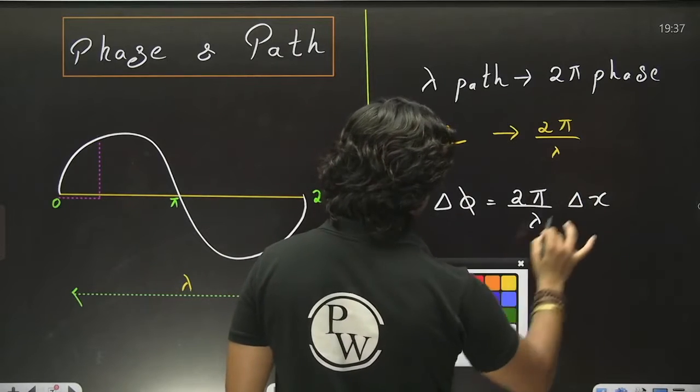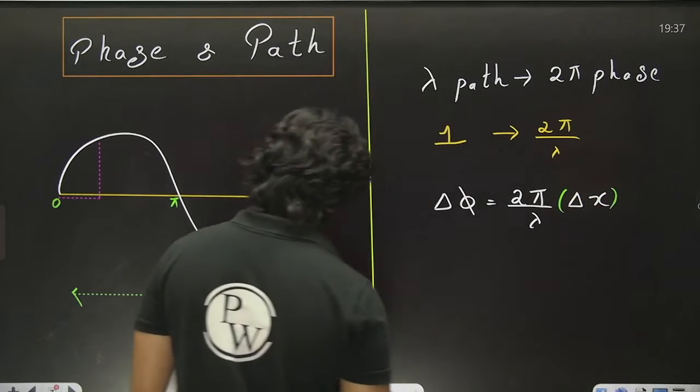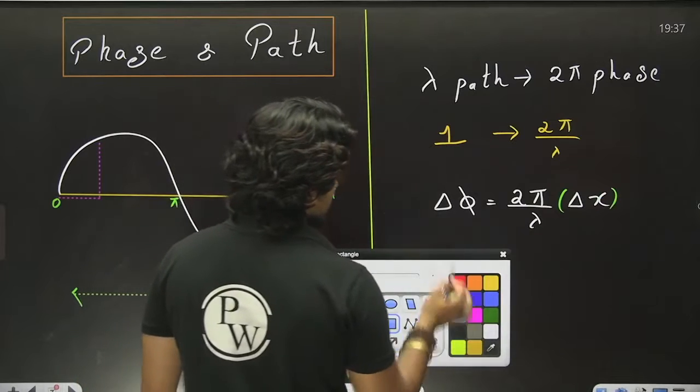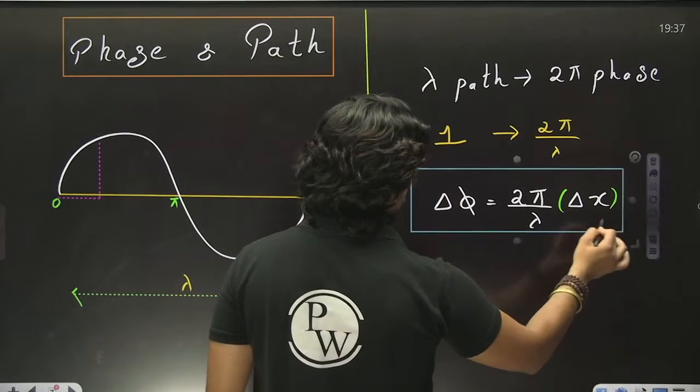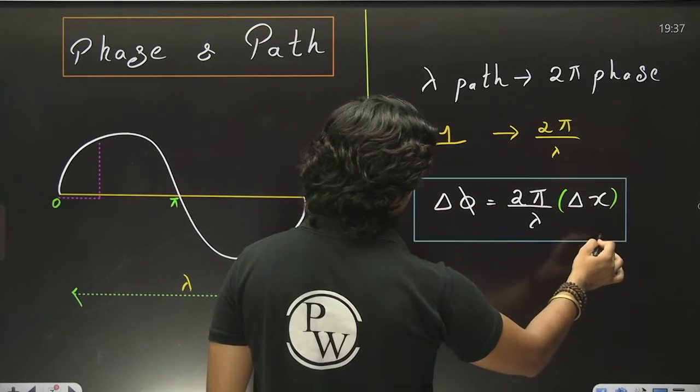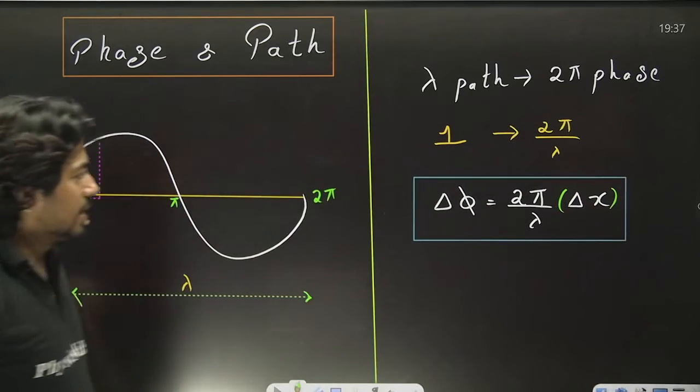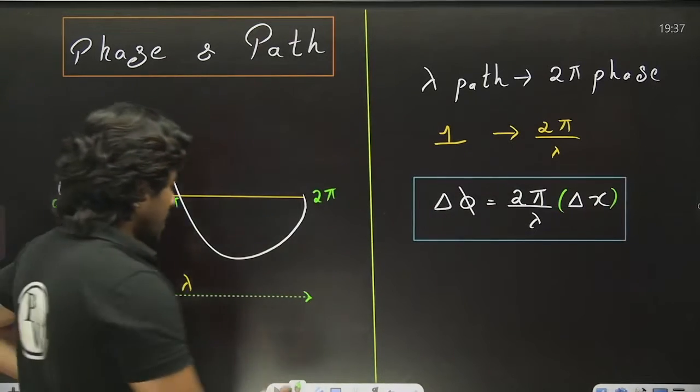This is the relation between phase and path for a wave.